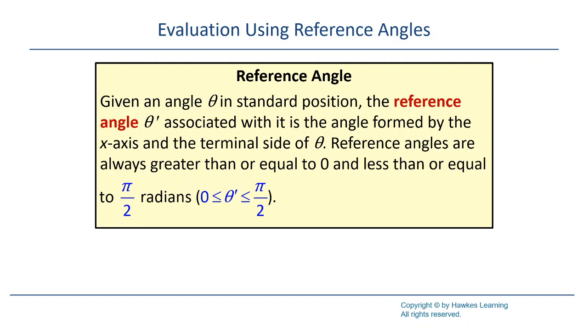All right, so given an angle theta in standard position, the reference angle theta prime is the angle formed by the x-axis and the terminal side of theta. Reference angles are always greater than or equal to 0 and less than or equal to pi over 2. So basically, a reference angle is going to put them in this nice context where you kind of just throw it back into the first quadrant.